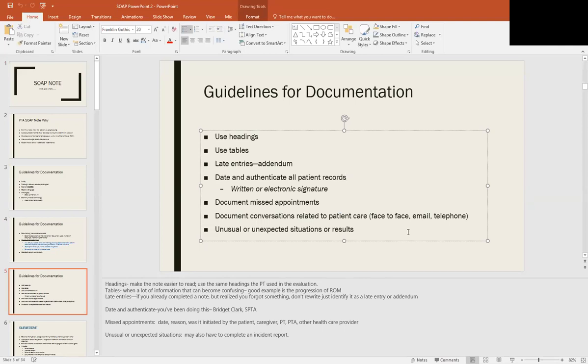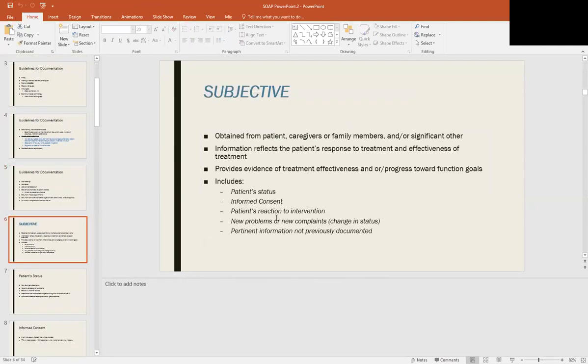We need to document missed appointments and any conversations related to patient care and any unusual or unexpected situations or results. So that might be when something happened that you have to fill out an incident report, but you'll still do a SOAP note in addition to the incident report describing exactly what happened.